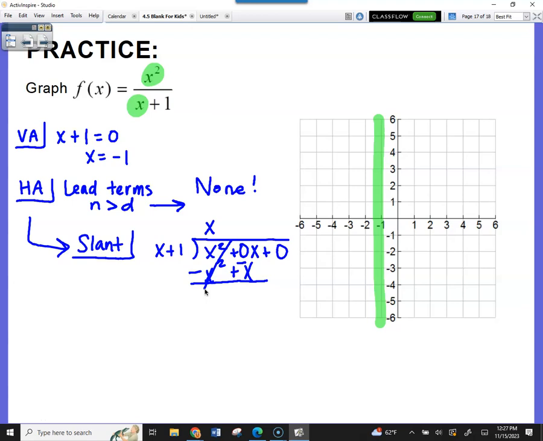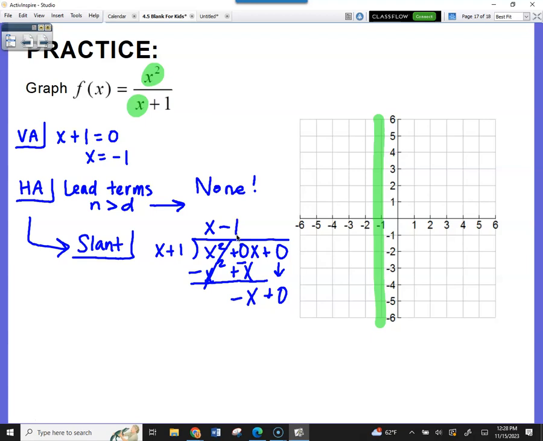Read it out loud, and your mind will probably be like, oh, this is just 0 minus 1, which is negative 1. So negative x, this is not even relevant, but I'm going to pull it down since that's the technique. And then x times what gives me negative x? Negative 1.